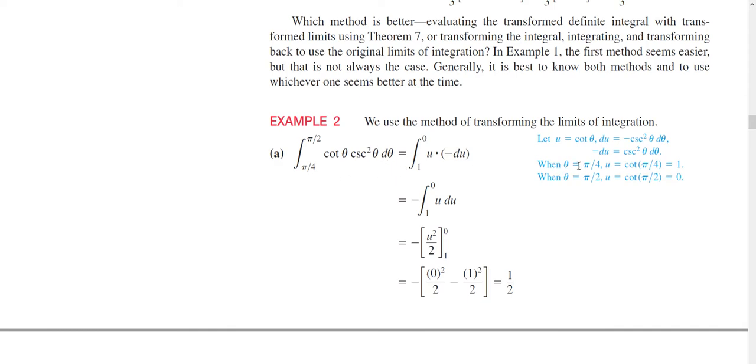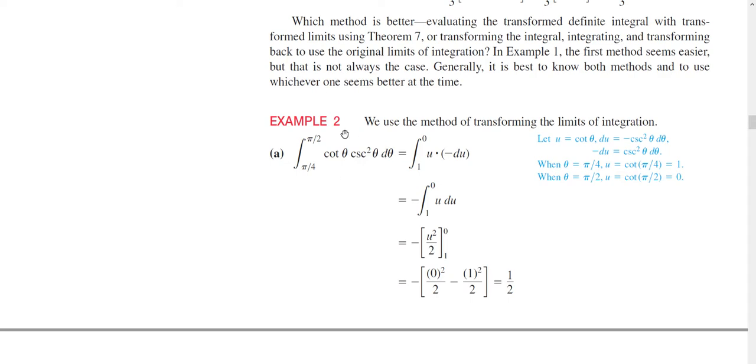Now let's see what are the limits for u. So when theta is equal to pi by 4, then u becomes cot pi by 4, which is equal to 1. And when theta is equal to pi by 2, then u is equal to cot pi by 2, which is equal to 0. So limits for u are 1 to 0.